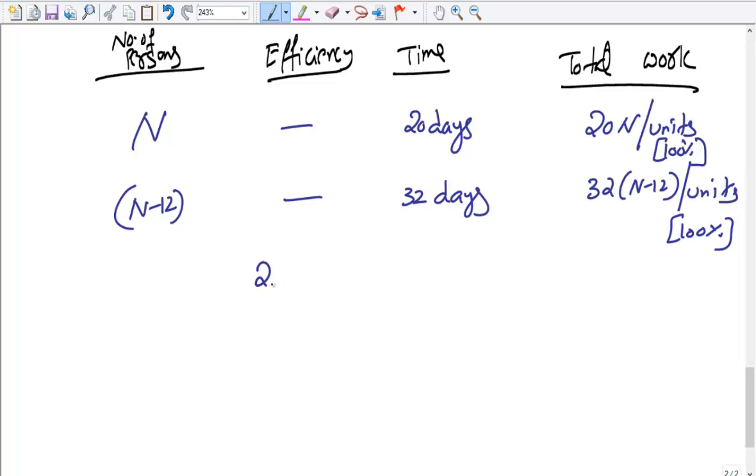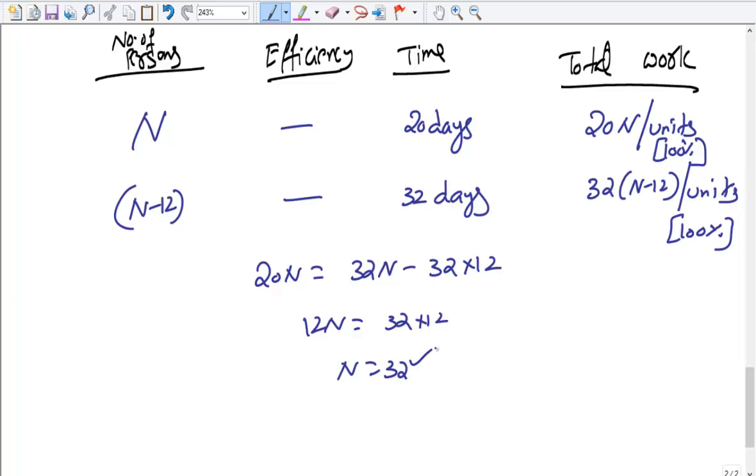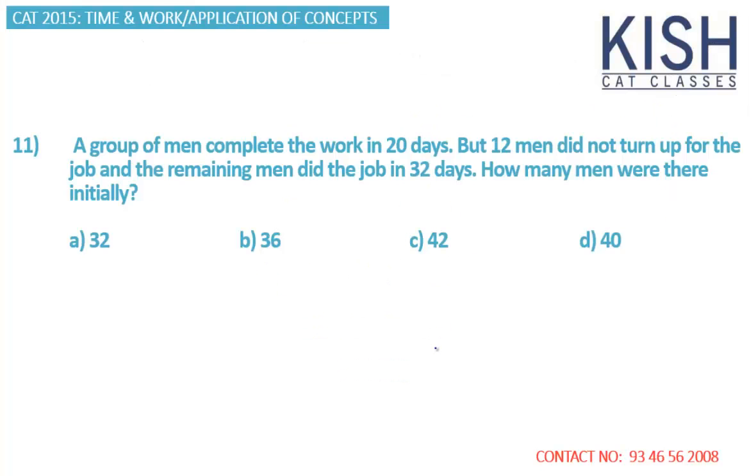That is 20n = 32n − 32 × 12. That is 12n = 32 × 12. n = 32. That's very simple. You just need to take some variable. Equate them always. Always try to find the number of units of the work.